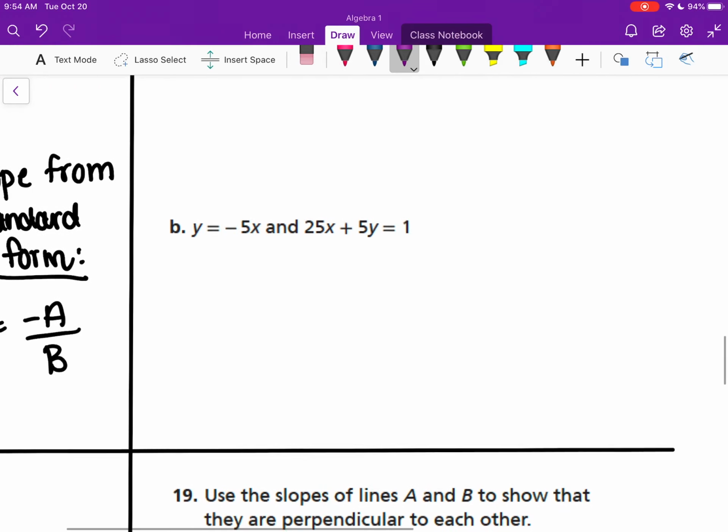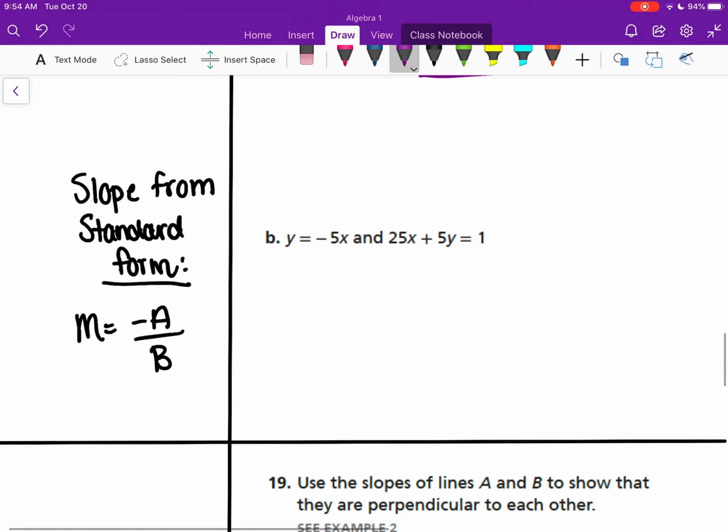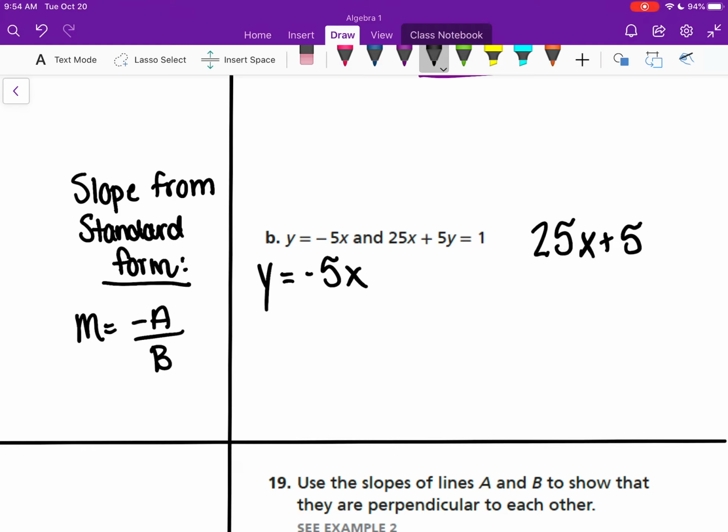Let's do another one. For this equation, it gives us y equals negative 5x. Ooh, and it gives us 25x plus 5y equals 1. Ooh, it gave us something in standard form. Finding the slope of this first line is easy. It's the number in front of the x when we are in our slope-intercept form.